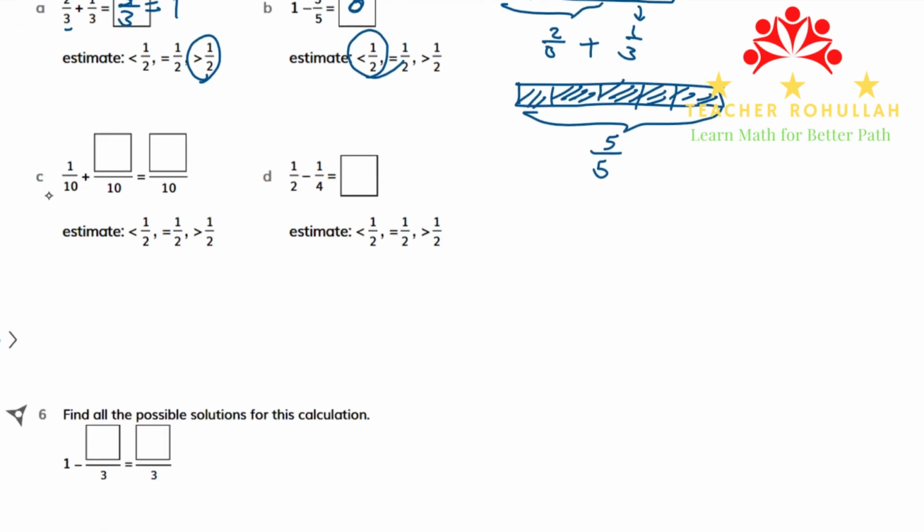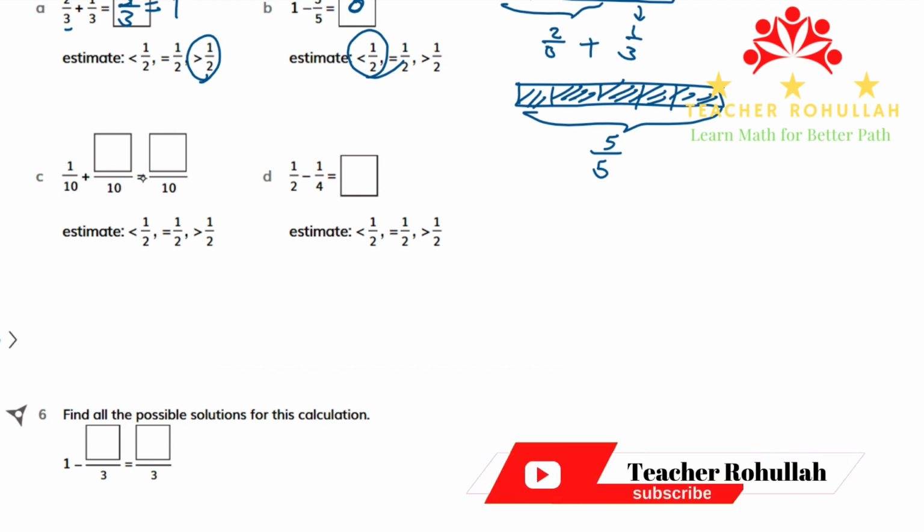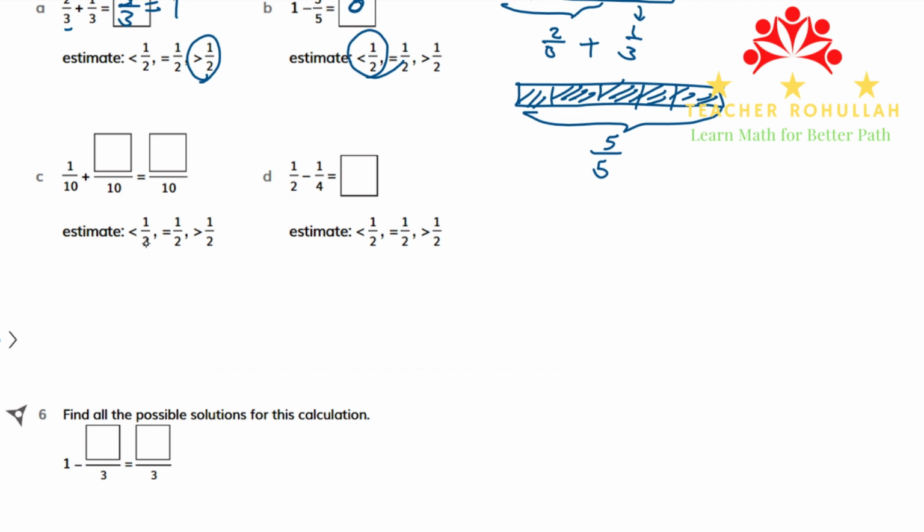In part C, it says 1/10 plus another fraction equals any other fraction. So suppose we put 3 here, we know 1/10 plus 3/10 will be equal to an answer. If we estimate, that answer will be less than 1/2.